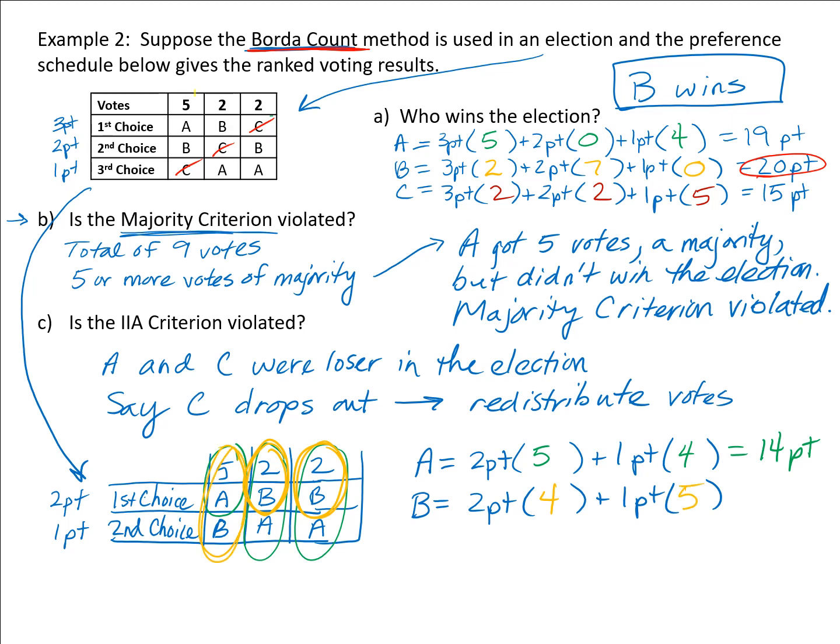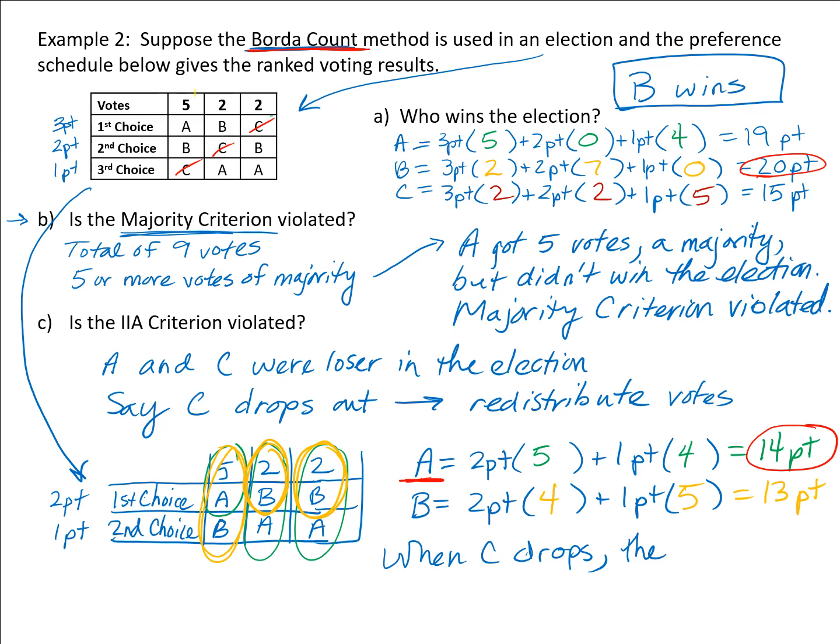So when I calculate that, 2 times 4 is 8, plus 1 times 5 gives us 5 more, which would be 13 points. So now when we look at who would win, A has the higher point value, so A would win. What this means is that when C drops out, we have a new winner.